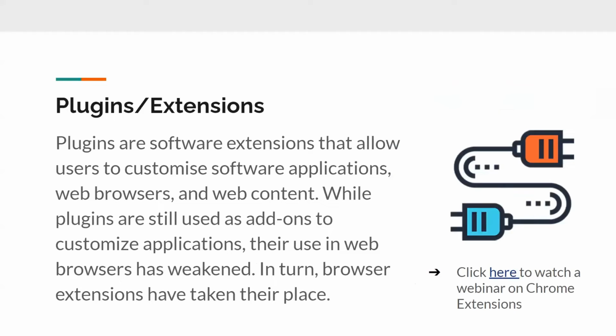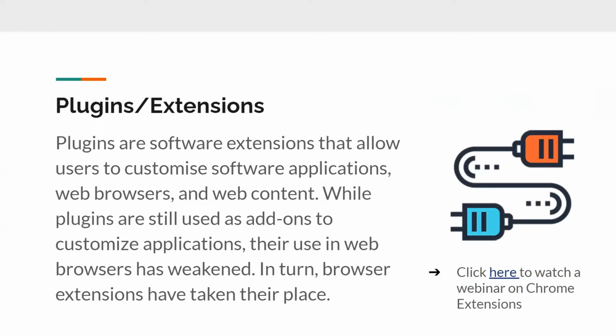Next up, we have plugins and extensions. These terms are often used interchangeably, but they have some slight nuances. While they both add customizability to your software and devices, plugins often refer to things that expand and add new features to your software or device, whereas extensions, weirdly enough, build on existing features in your software.